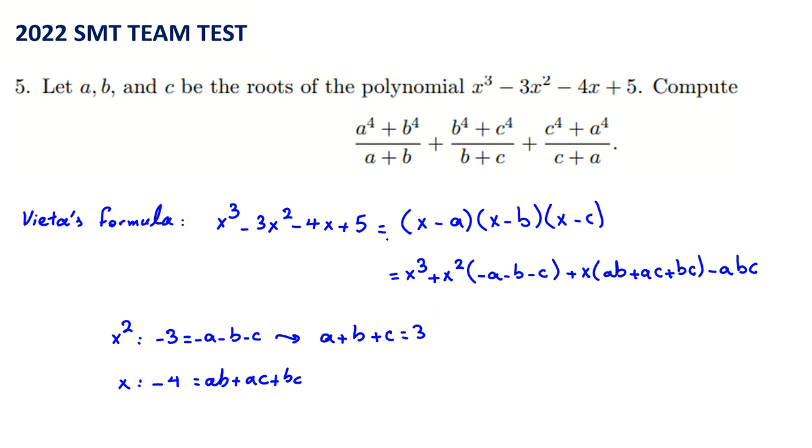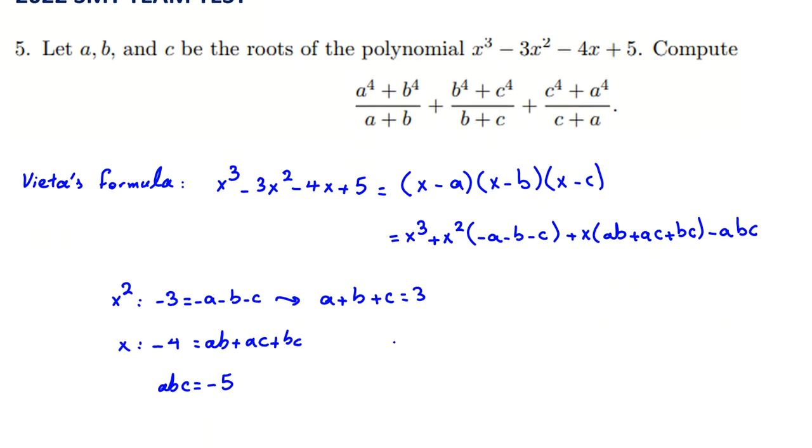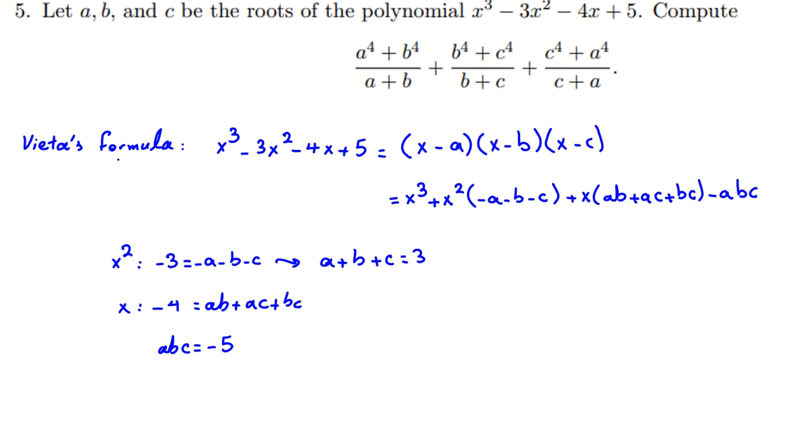For the constant term, 5 equals negative abc, so abc equals negative 5. Now, it was the first part, Vieta's formula. We've reached three important things: the first one, second one, and third one.